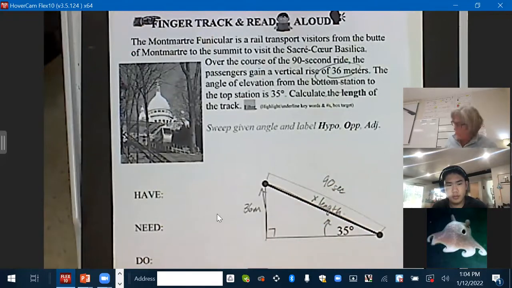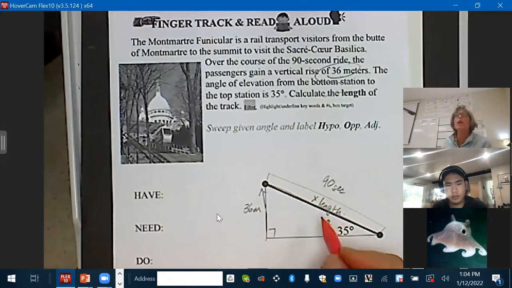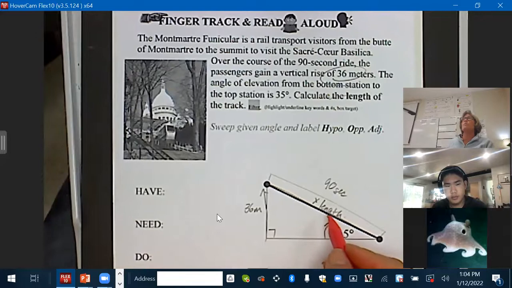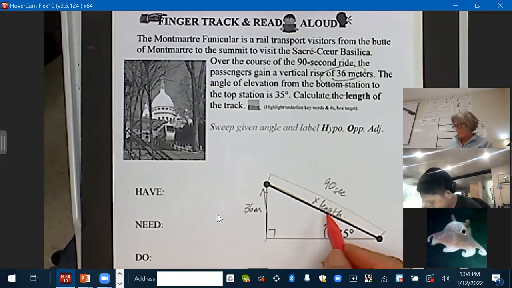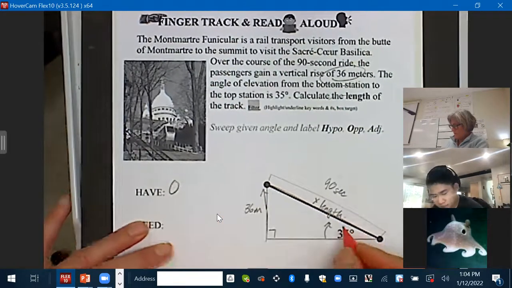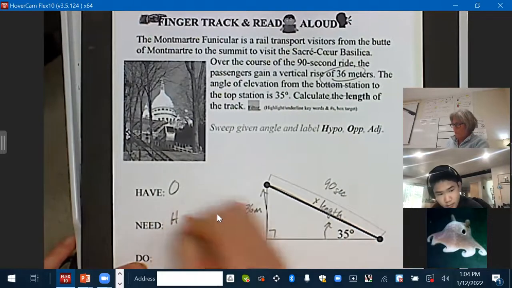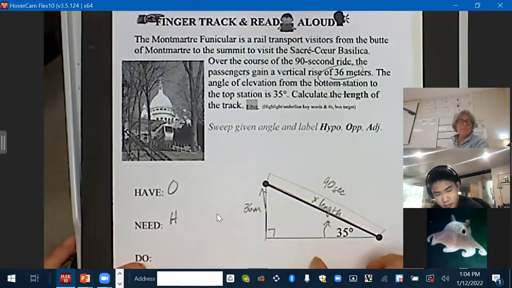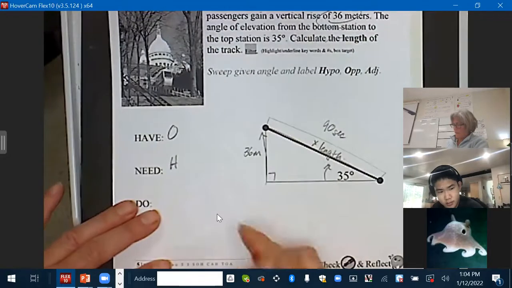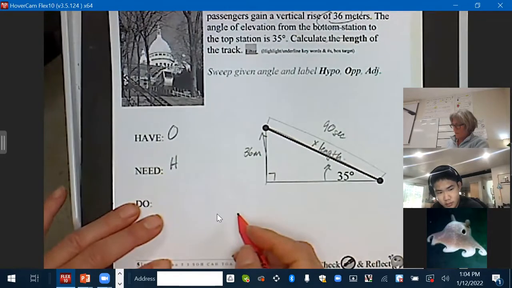So have, need, do. Kayla, what do we have here? Your vocabulary here is opposite, adjacent, and hypotenuse. Yeah, so we have the opposite and we need the hypotenuse. You are so correct. So are we just not doing the adjacent for this one? I'm not asking for the adjacent here.